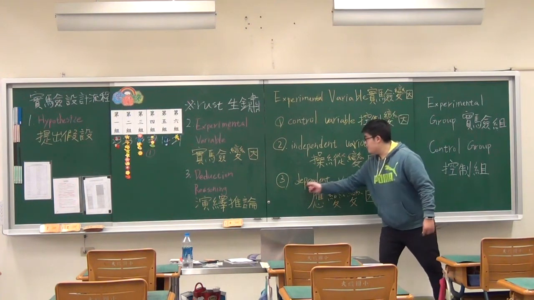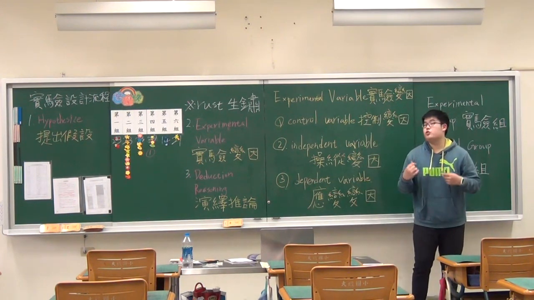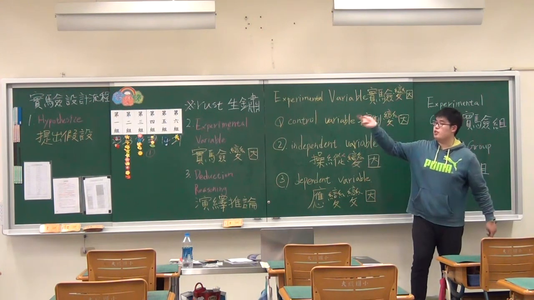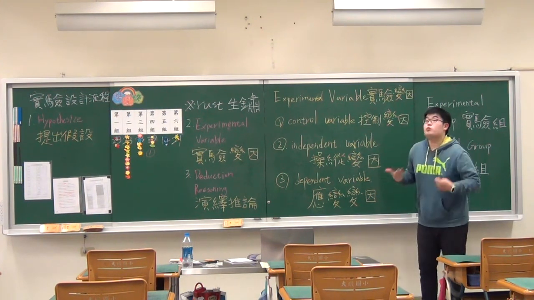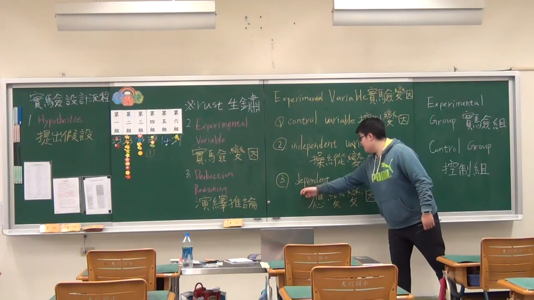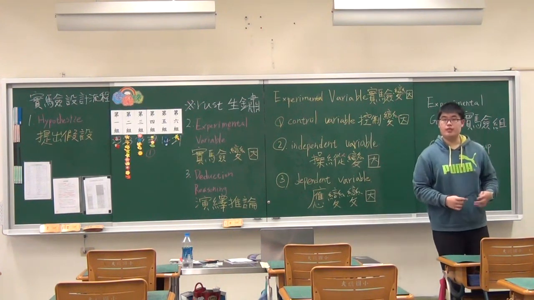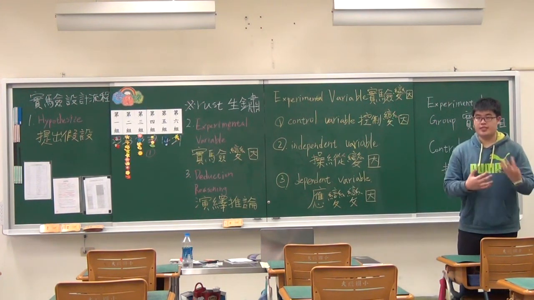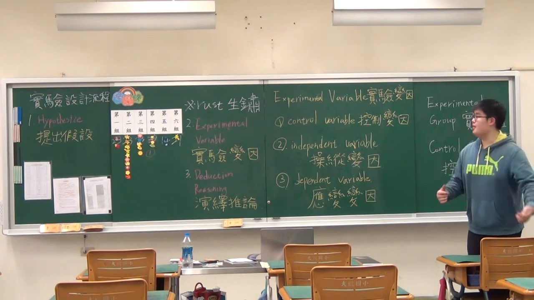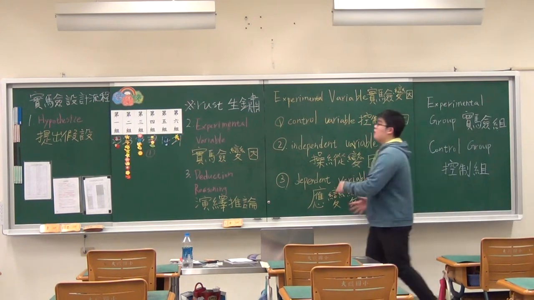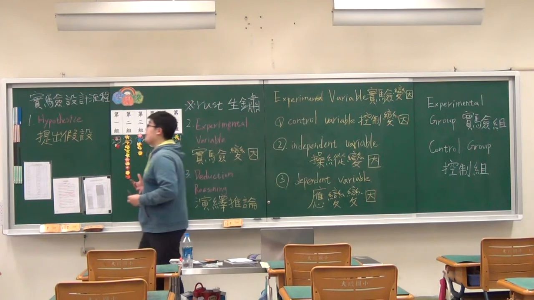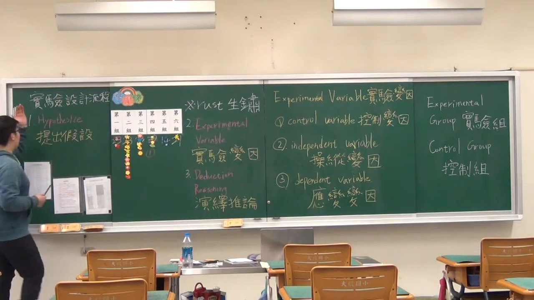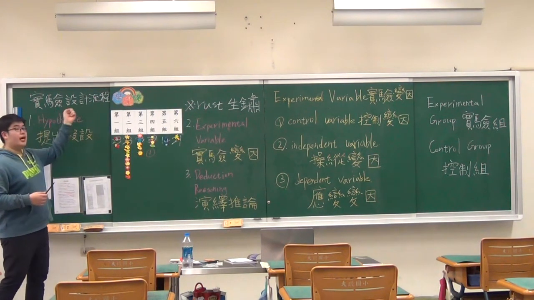Move on to the next point. It is dependent variable. So if we change the condition of the experiment, as a result we will get the dependent variable. Get it? Understand? Excellent. Now the mission of the class is we have to make an experimental design.